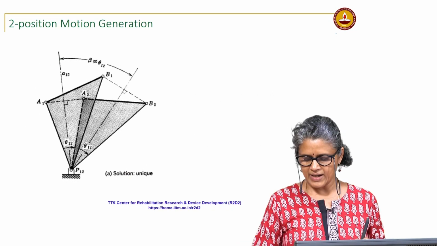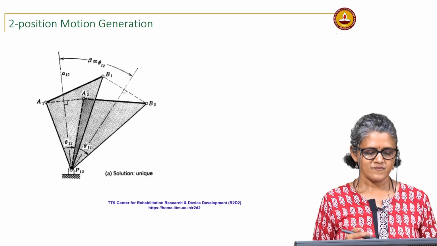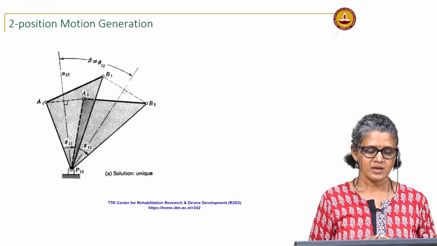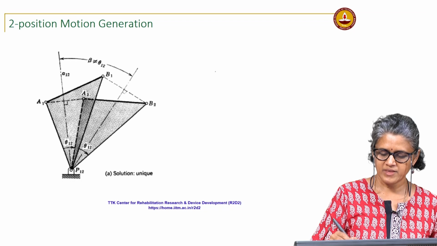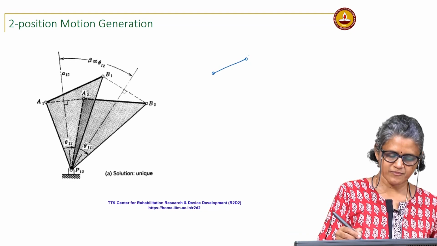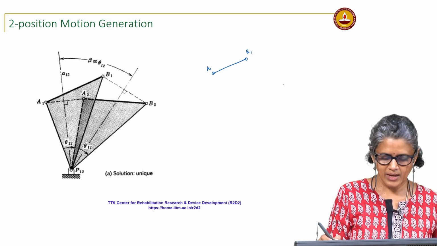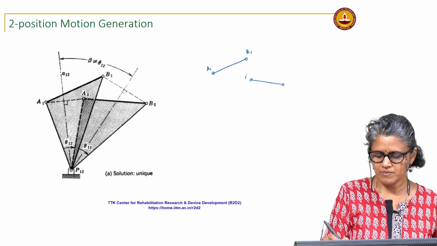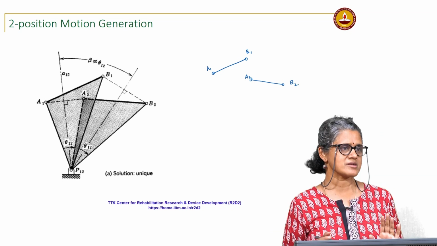So, let us look at, we will start off with 2 position motion generation. I have a rigid body, a link which I want to move from A1 B1 to A2 B2. That is my design objective.